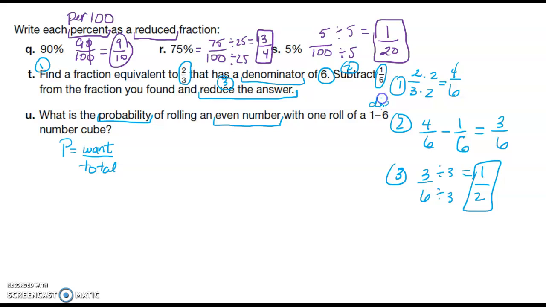They aren't using the word die or dice, but that's what they mean. So let's see, all of the possibilities are here, and then here's even. So there are 3 numbers that I want, and there's a total of 6. Now they want me to reduce this, just like I did over here in step 3. So I'm going to divide by 3, and I get 1/2.